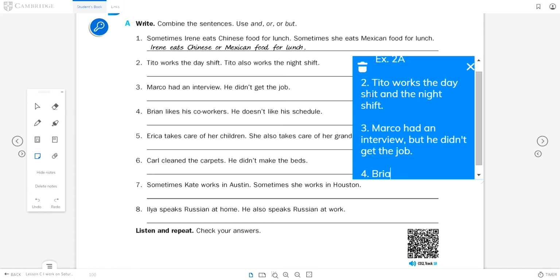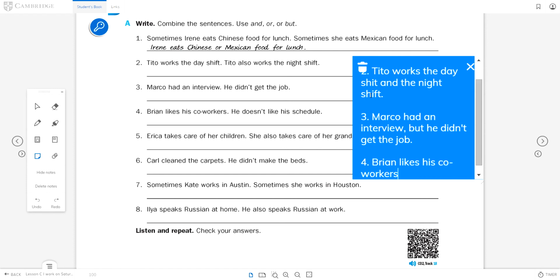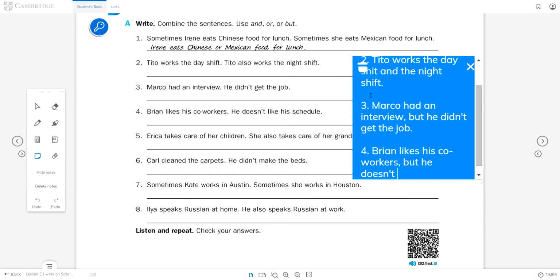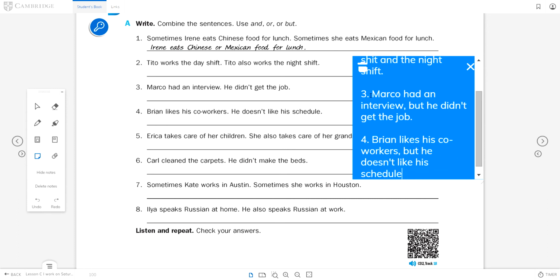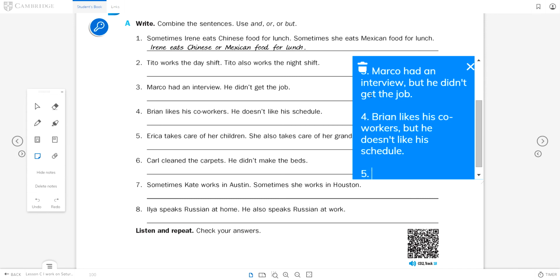So Brian likes his co-workers, but he doesn't like his schedule, right? Okay. Brian likes his co-workers, but he doesn't like his schedule. Okay. Let's go to number 5.